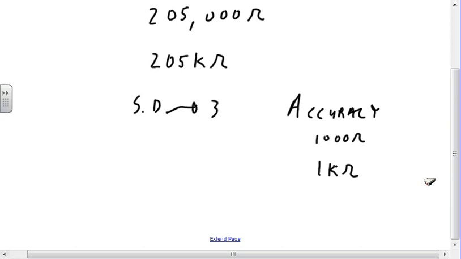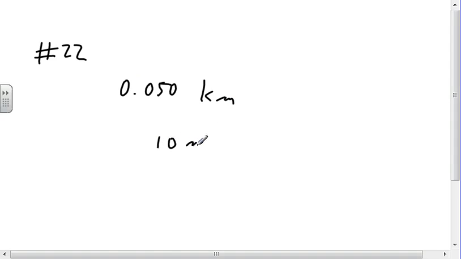And the next problem is number 22. Number 22 wants to find the precision, 0.050 kilometers, so that would be 10 meters of precision.